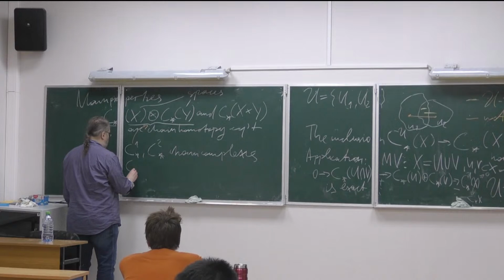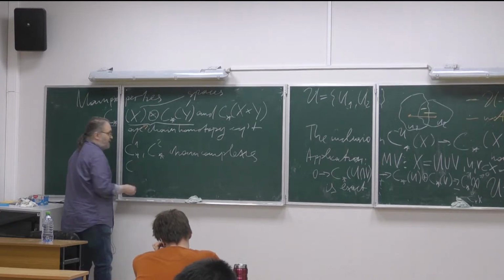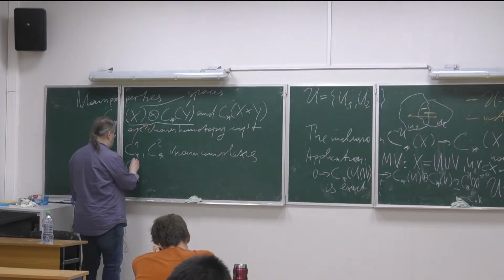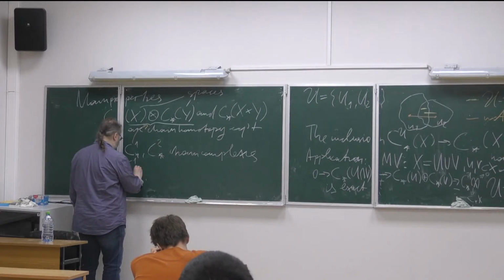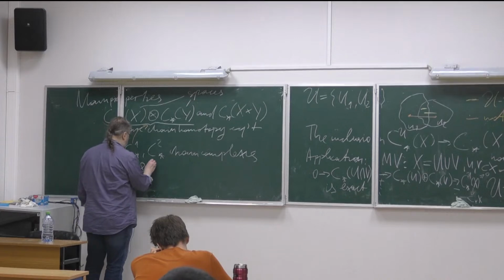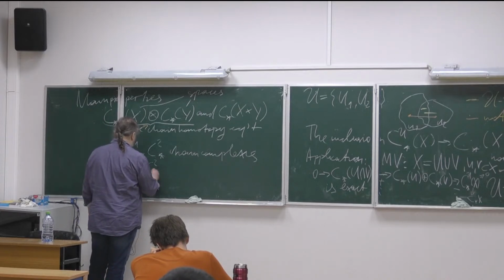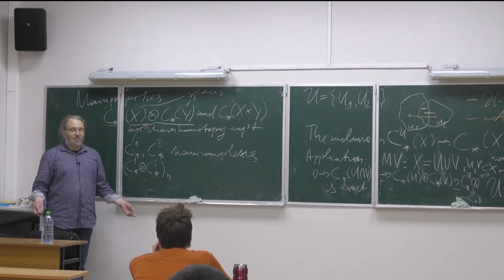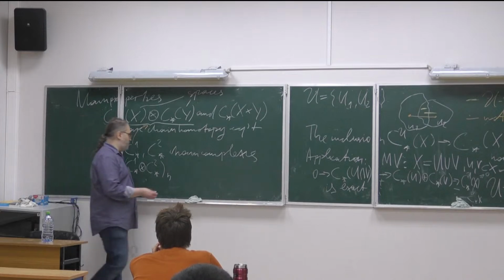Then I want to define the tensor product. It's another chain complex. I want to define the nth component. What will it be?